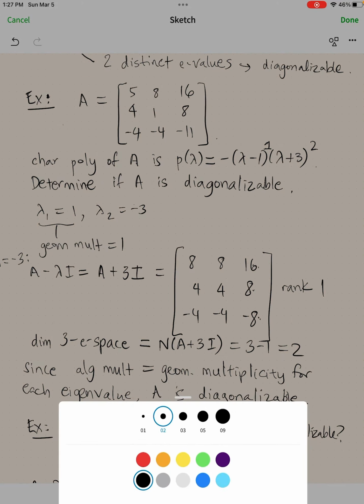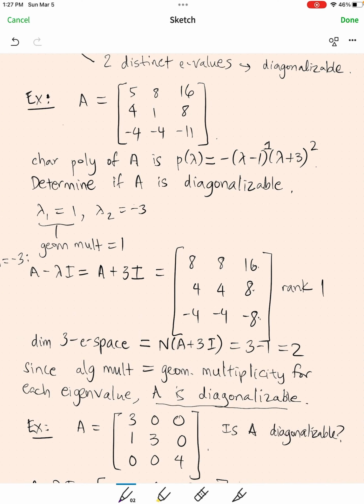So let's see if we can quickly figure out what P and... We might not be able to do this quickly. But D would be easy, right? So I have eigenvalue of 1. And then I have an eigenvalue of -3 with multiplicity 2. So that's going to be my diagonal matrix D, and then to find P, I would need eigenvectors.